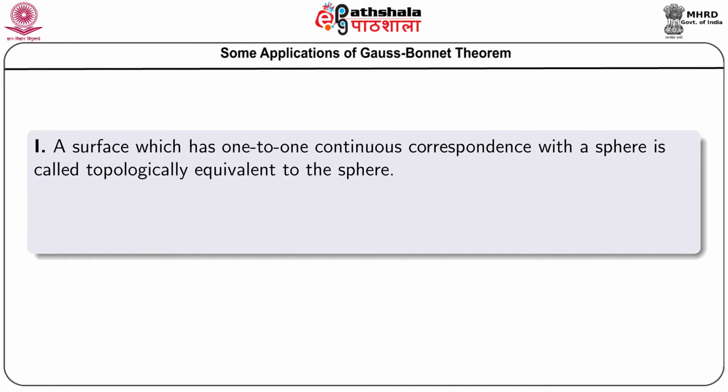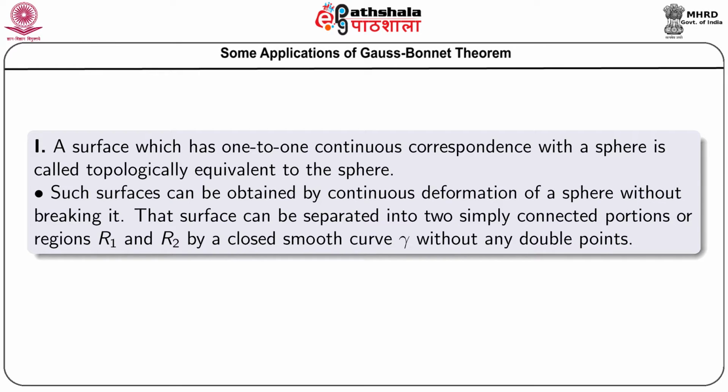Now, we have just mentioned that a surface which has a one-to-one continuous correspondence with the sphere is called topologically equivalent to the sphere. So, such surfaces can be obtained by continuous deformation of a sphere without breaking it.